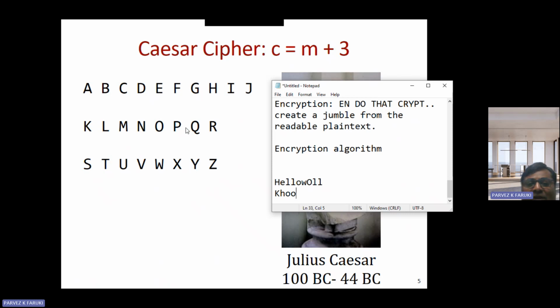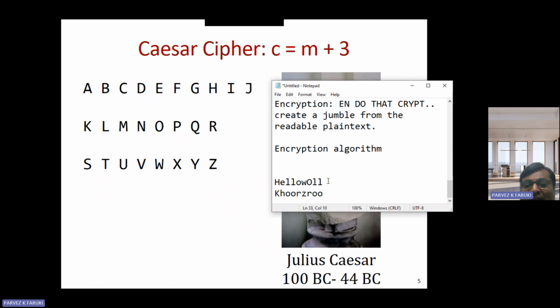Three characters after O? P, Q, R. What comes after W? X, Y, Z. We have not differentiated between the two cases, so let it be R again. What comes after L? M, N, O.